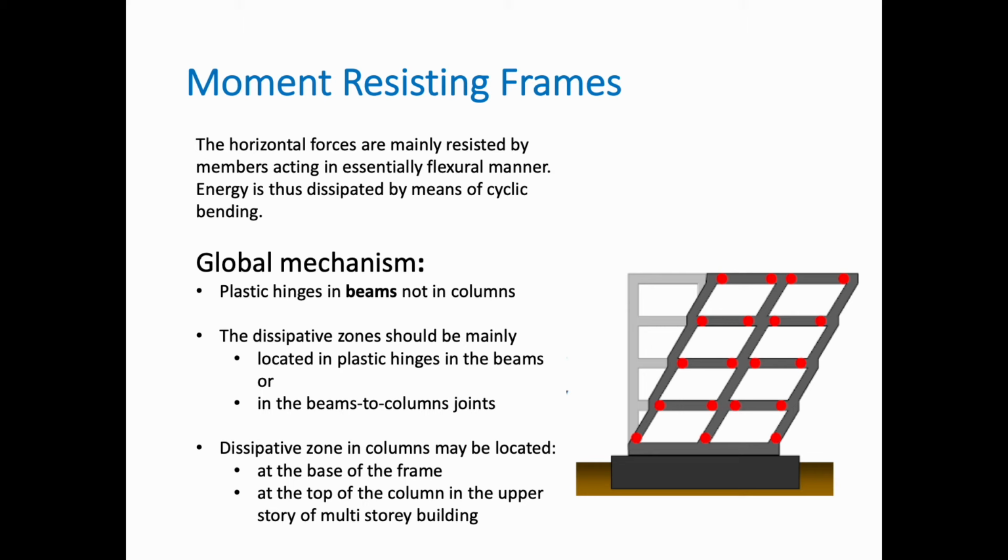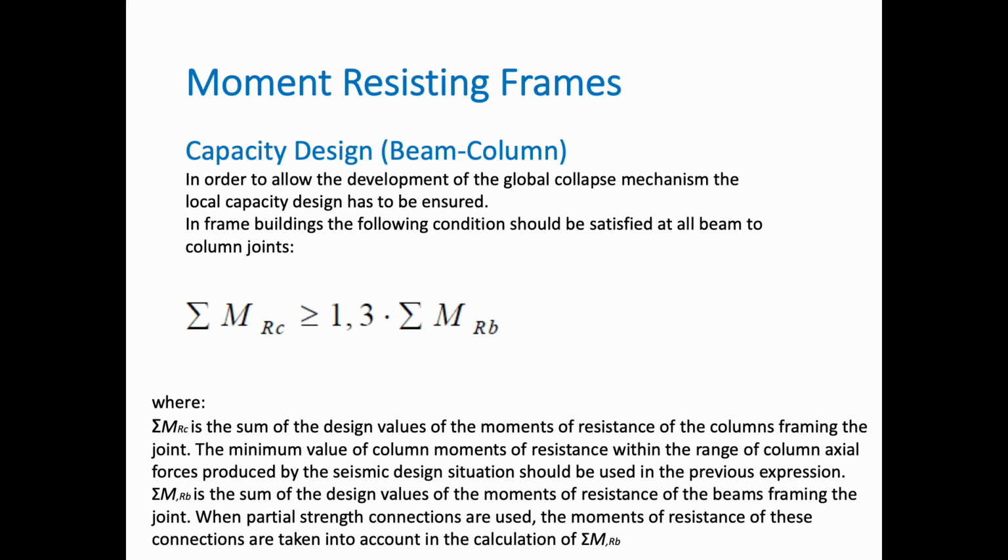You may have seen the base plates floating a little bit higher than the foundation, and that is to allow for the plastic hinge to take place, as well as at the top of the column in the upper story of the multi-story building. In order to allow for the development of the global collapse mechanism, the local capacity design has to be ensured.